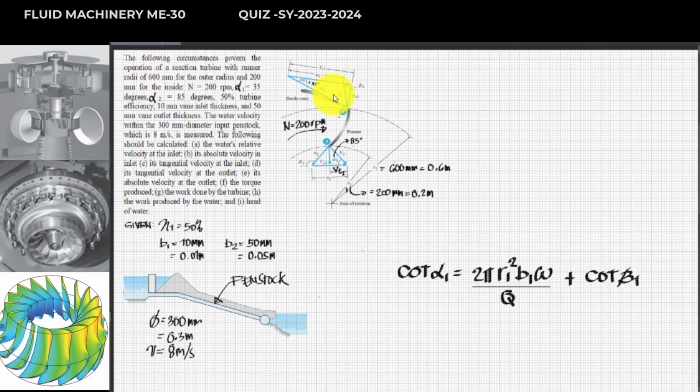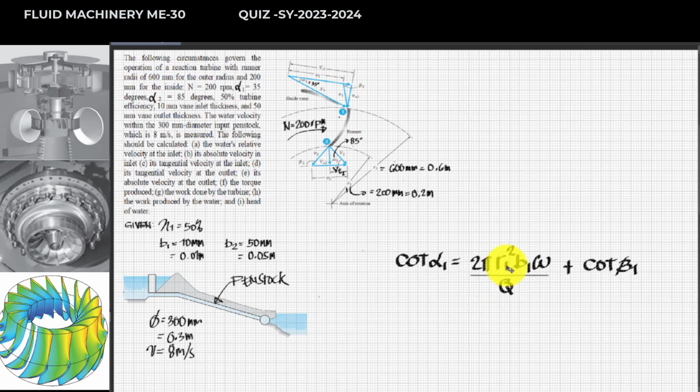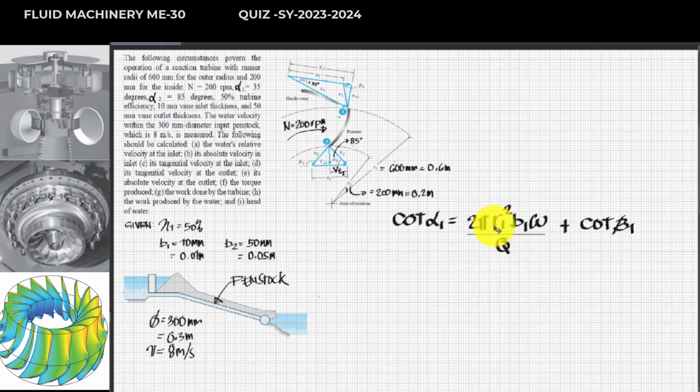So this is what we will look for in order to solve the value of the relative velocity at this side. So, first things first, let's solve the volume flow rate. We have the equation for the volume flow rate of the penstock. That will be Q, equal to the area times the velocity.